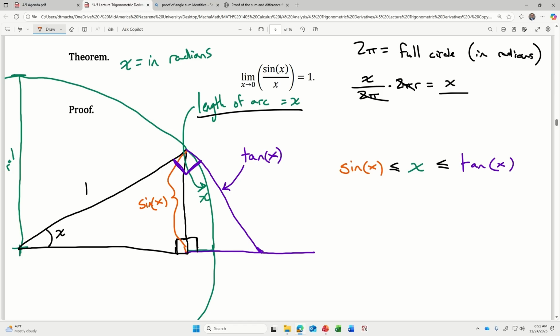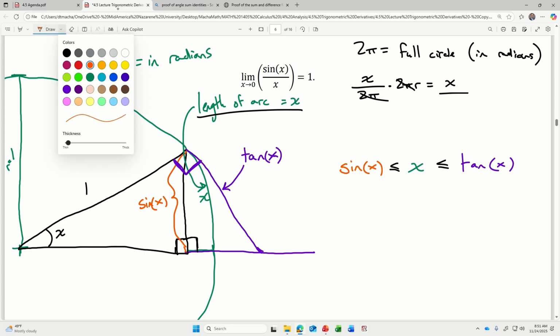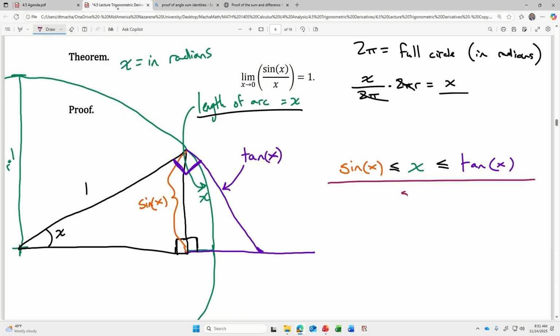What we want in the end is sine of x divided by x, and we want to use the squeeze theorem, so we want that thing in the middle. We're going to choose to divide everything by sine of x. And sine of x is going to be a positive number because we're in the first quadrant here. So if we divide by a positive number, then the order of these inequalities remains the same.